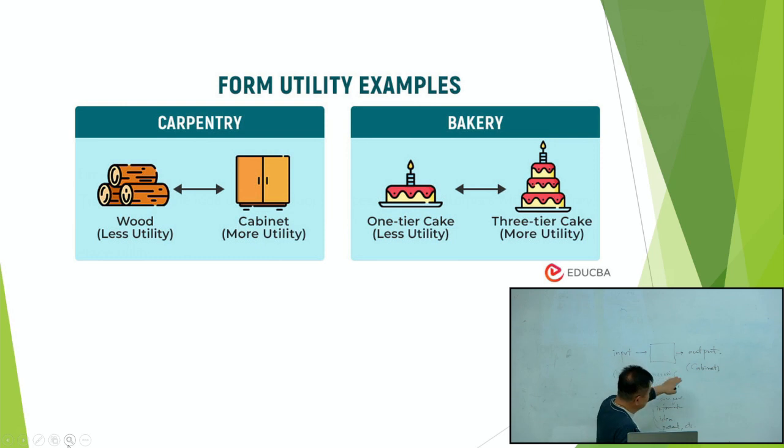Wood can be changed into a cabinet. So many factors are input in here. That's why we cannot clarify everything, so we call this processing the black box. Nobody knows the processing in here. But the point is that input goes through the process to become output.